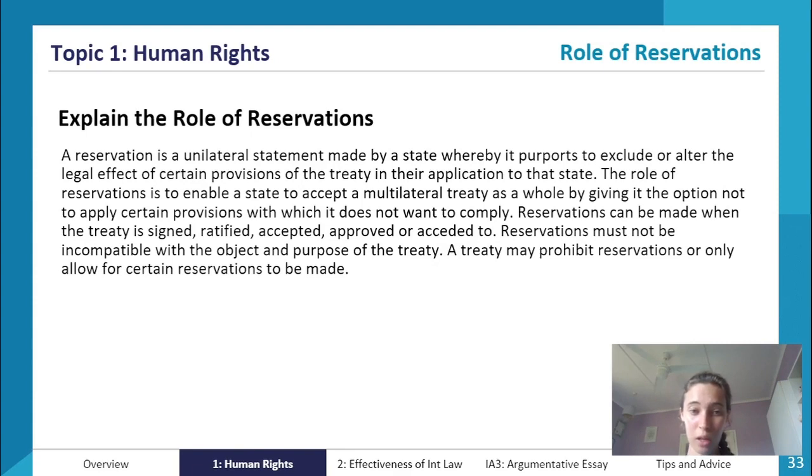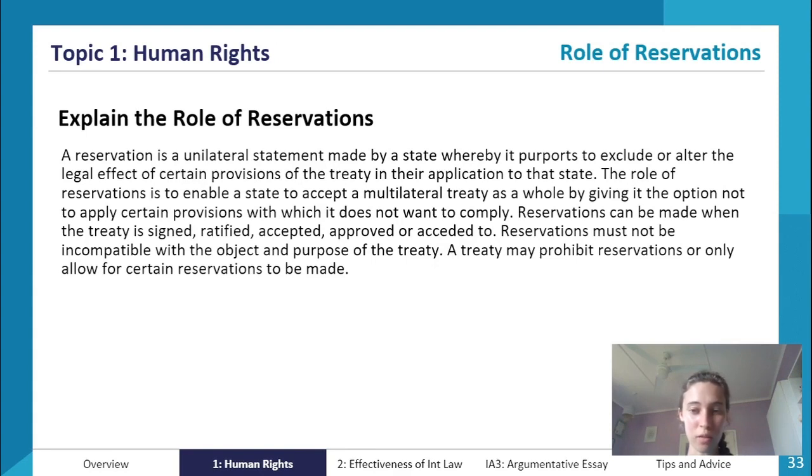So the role of reservations is just to allow that state to accept the treaty as a whole, but not apply those certain provisions that it doesn't agree with. And it can occur at all of those different stages of the process: when it's signed, ratified, accepted, approved, etc.